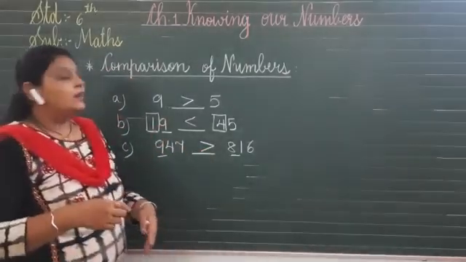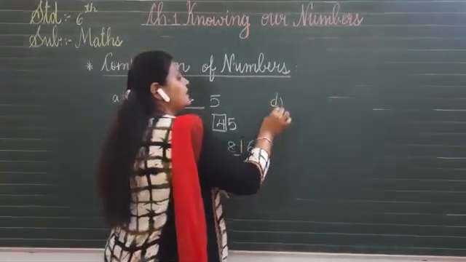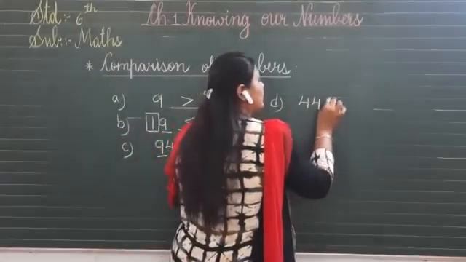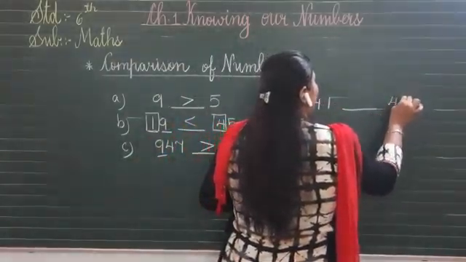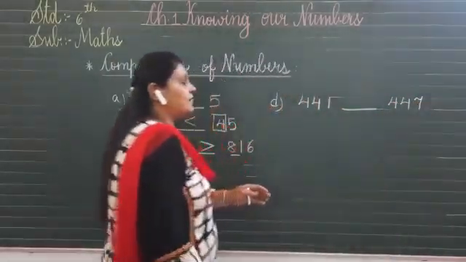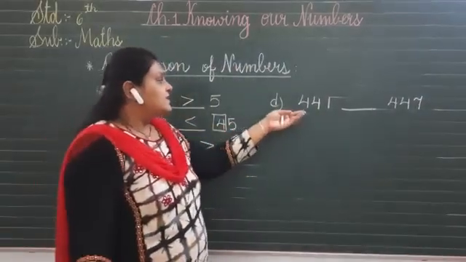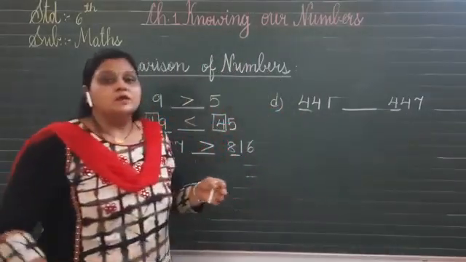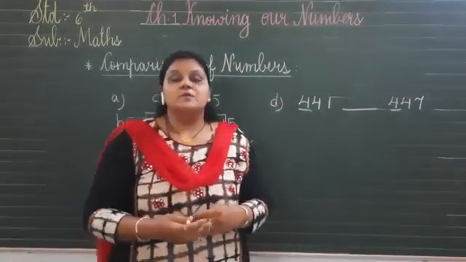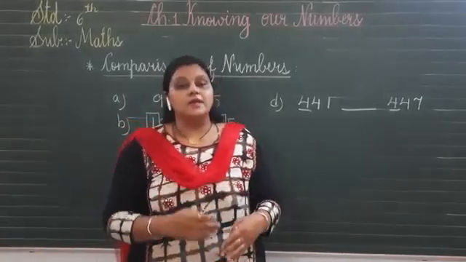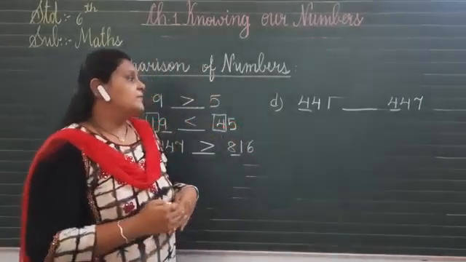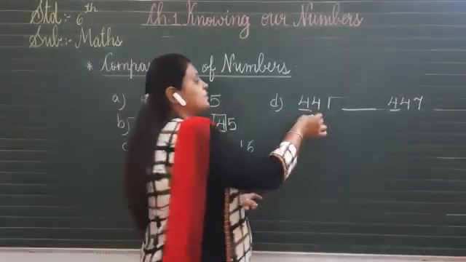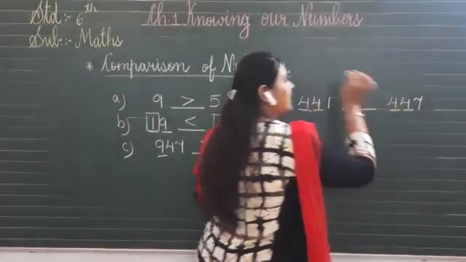Now, if the numbers have similar places, for example, I have taken 441 and 447. Here we can see that the first place of both the numbers is the same.